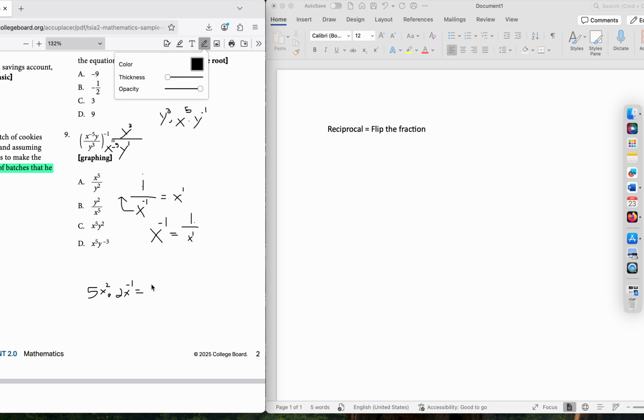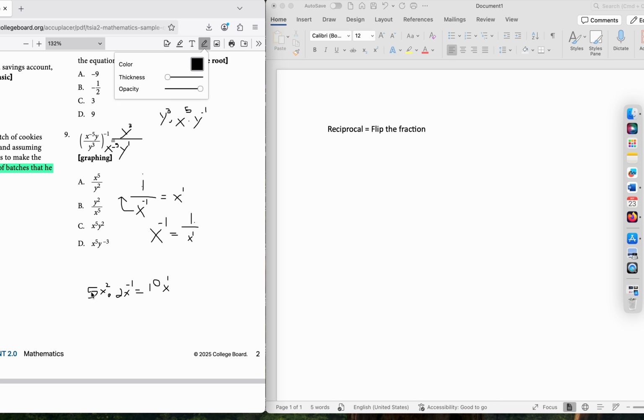So 5 times 2 is 10. I would write down that variable, right? And so we have 10x. And then I want to combine the exponents, the 2 and the -1. So 2 minus 1 is just 1.